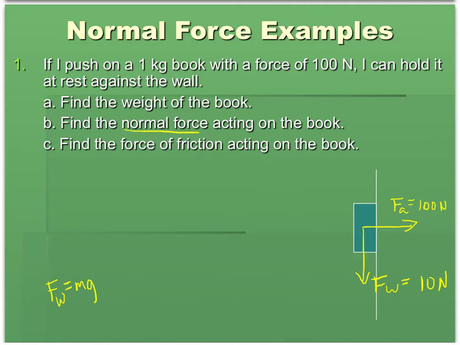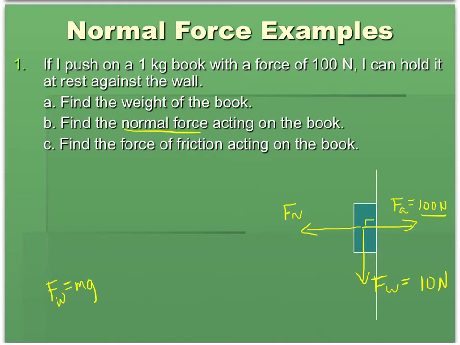Well, again, remember that normal force is always going to be perpendicular to the contact surface. And so I'm pushing this book against the wall, and my normal force is going to be perpendicular to that contact surface. So there's that right angle. Now, if we also bring in Newton's third law, we know that if my applied force of 100 newtons is being put against that book, the book is therefore pushing on the wall.